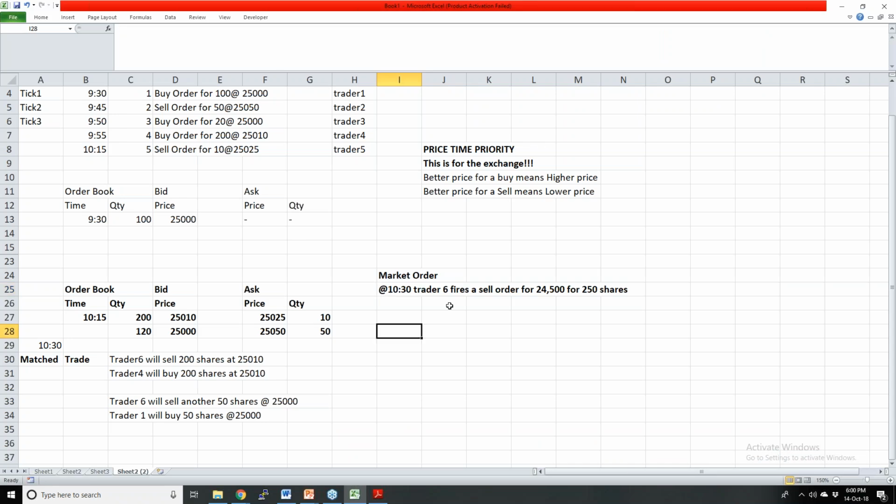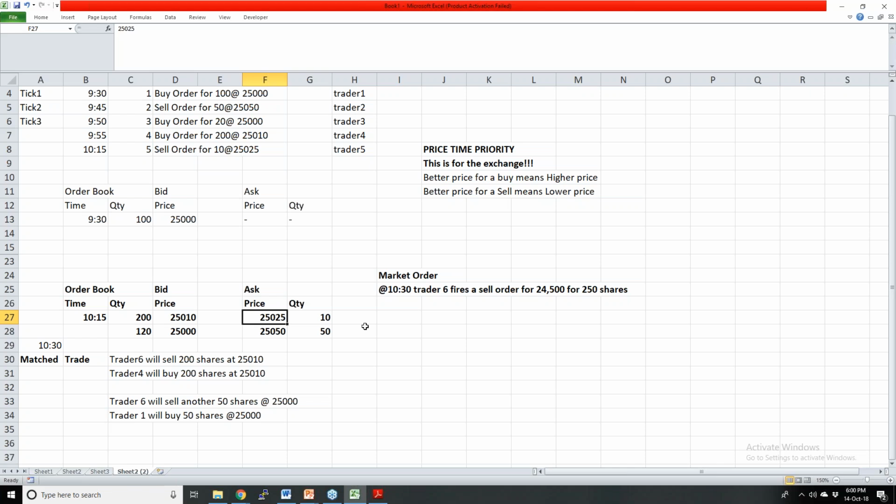So it's quite possible that this trader 6 fired an order at 24,500, and got a trade at 25,010 and 25,000. It's quite possible that had he waited 15-20 minutes, the price would have risen and he could have gotten a trade at 25,025.